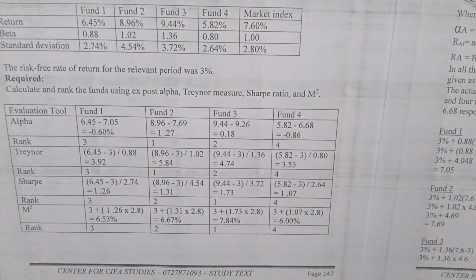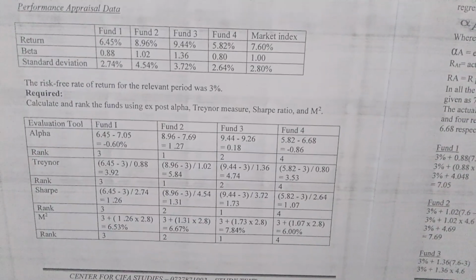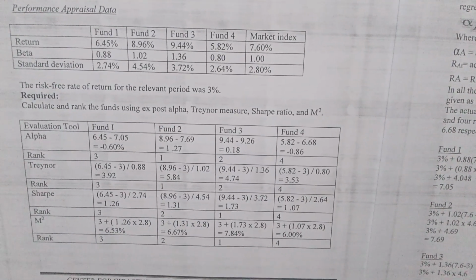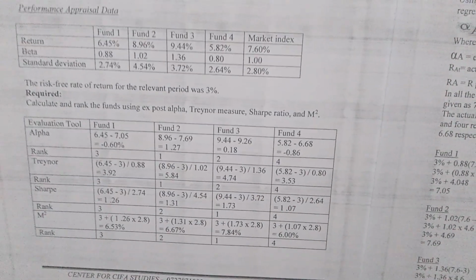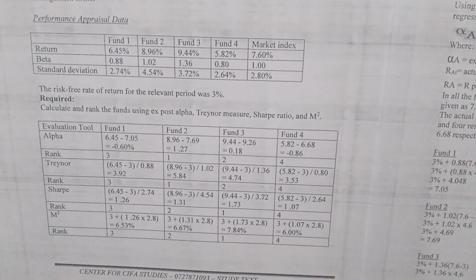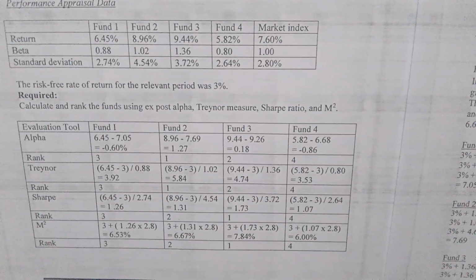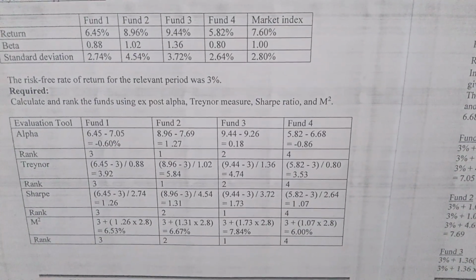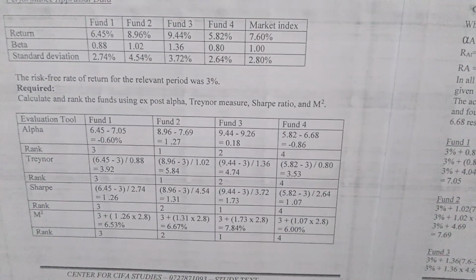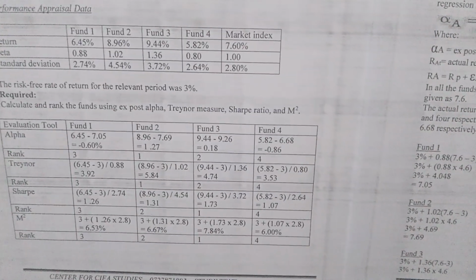Now, before I go straight away to the calculation, because we have discussed the theory part of these performance evaluation measures, we've discussed what alpha is, what Treynor is, what Sharpe's is, and what Modigliani and Modigliani is all about.